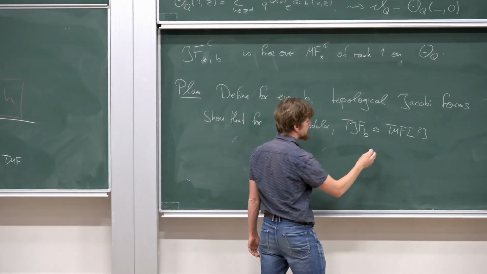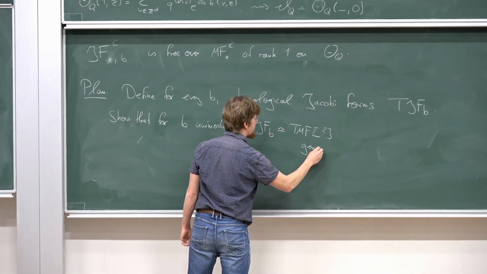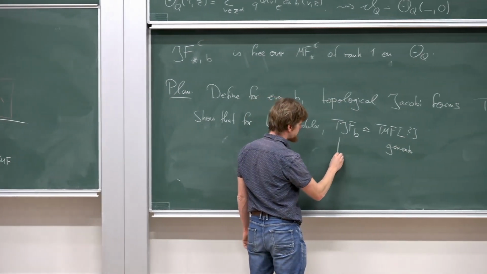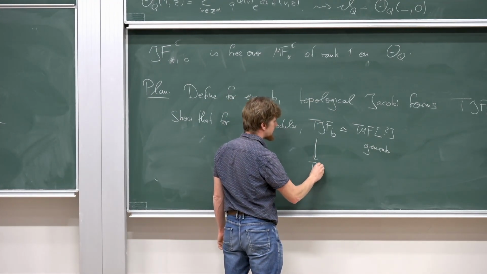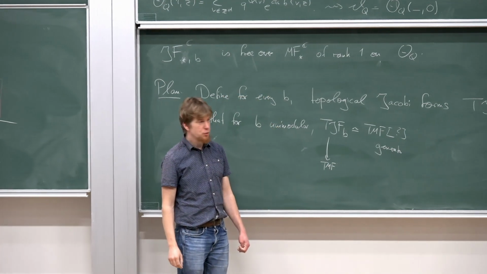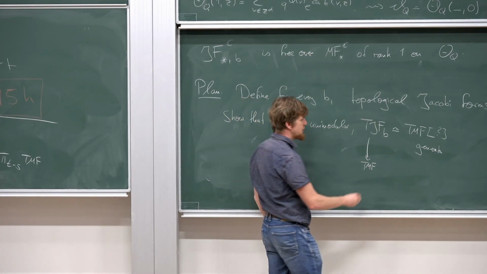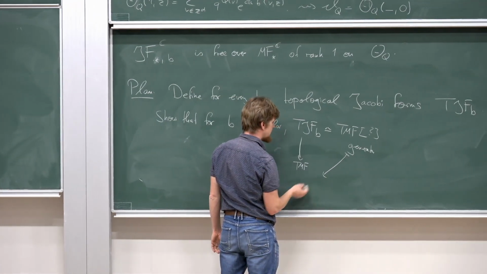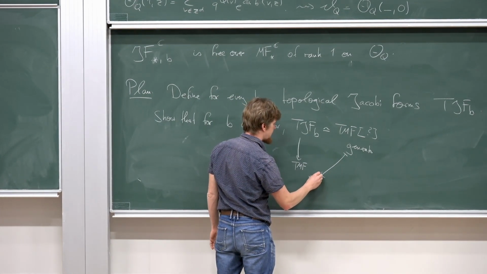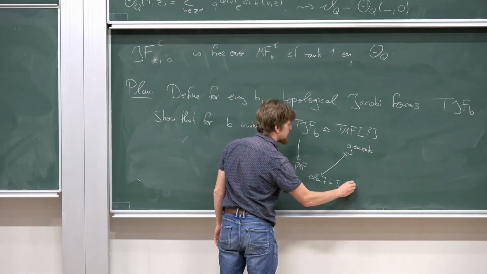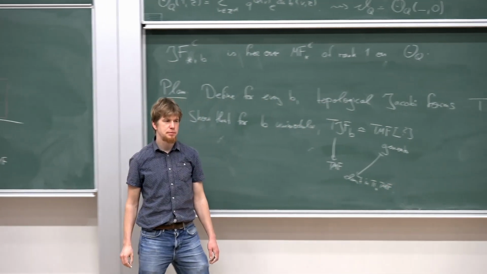Then I have a generator here in the corresponding degree, and moreover there will be a morphism, like plugging in 0, and then this generator will go to some element in pi star of TMF.